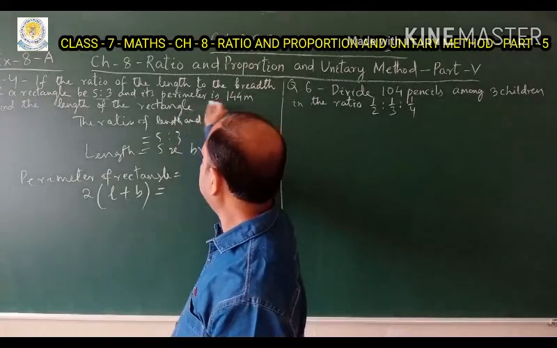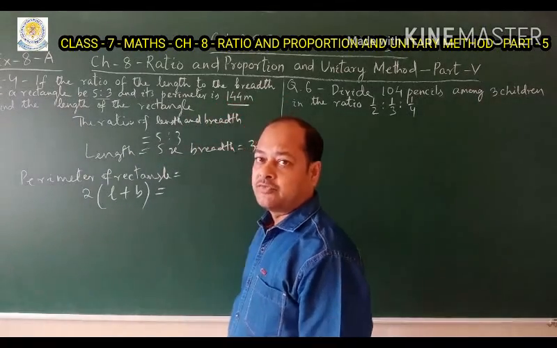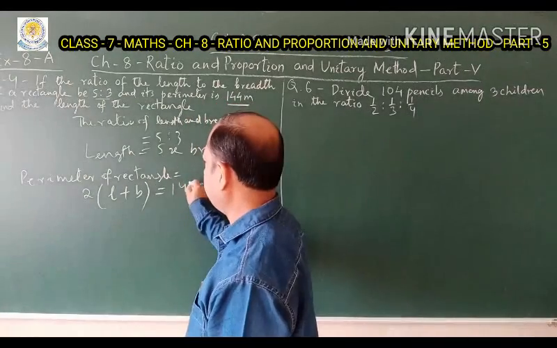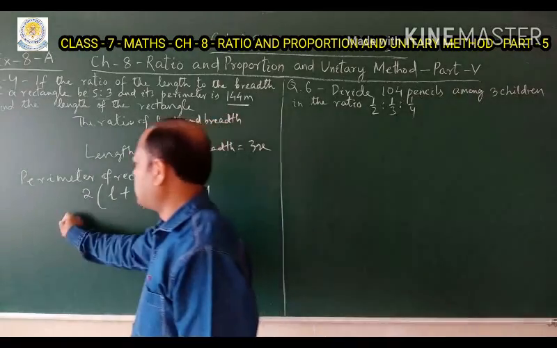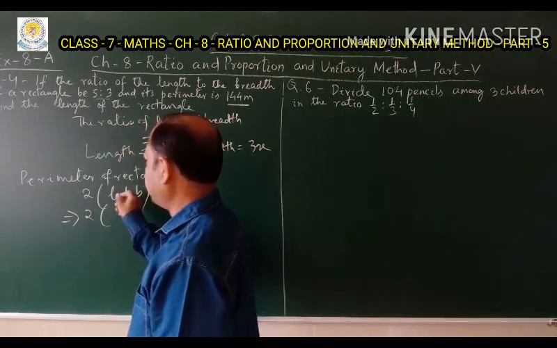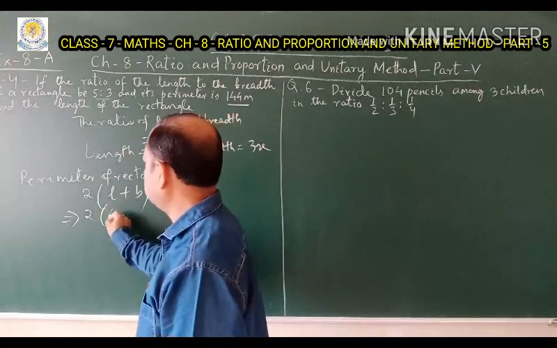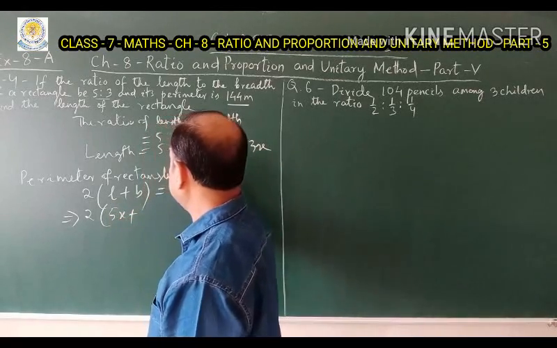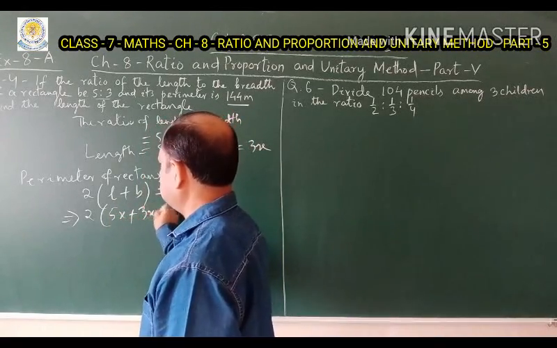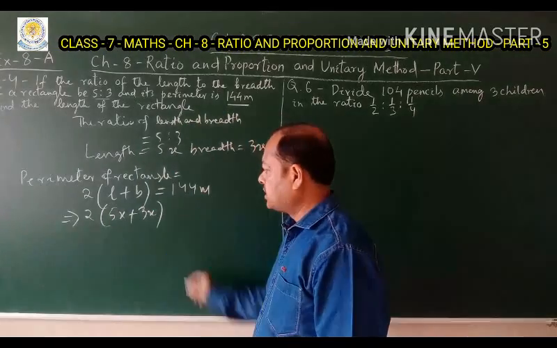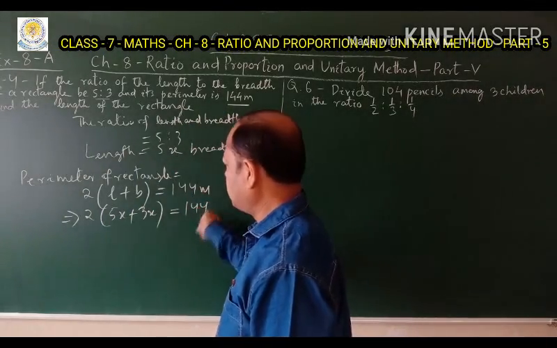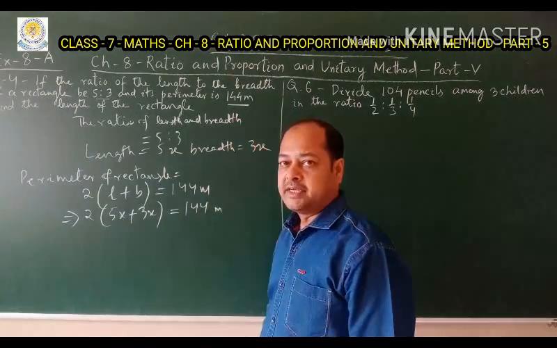What is given here? That is 144 meter. So 2 into (length plus breadth). Length is how much here? 5x. Plus breadth is how much? That is 3x. Equal to 144 meter.